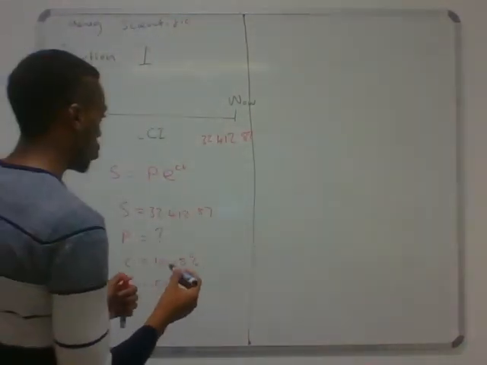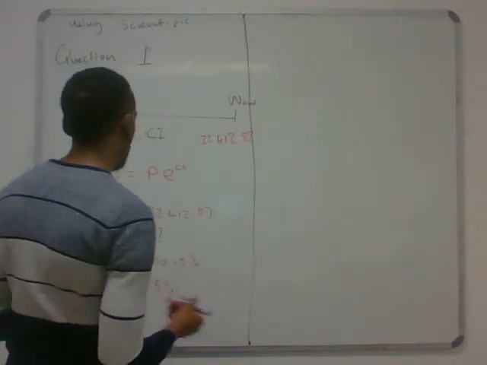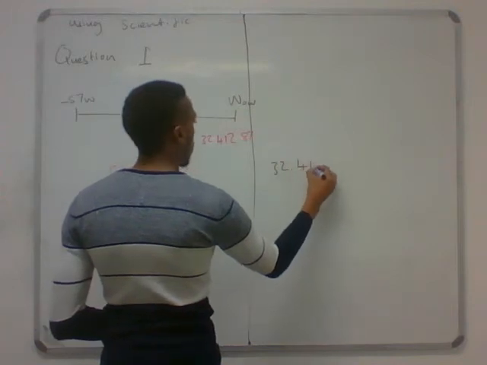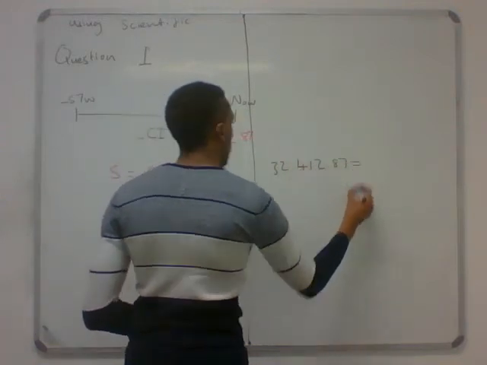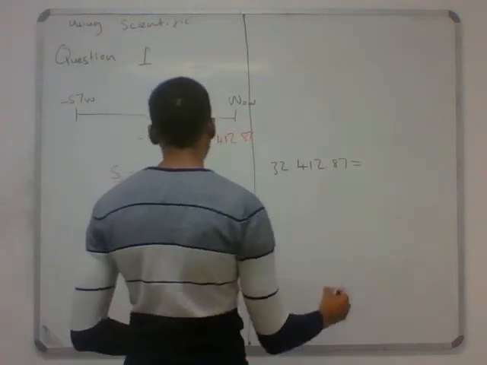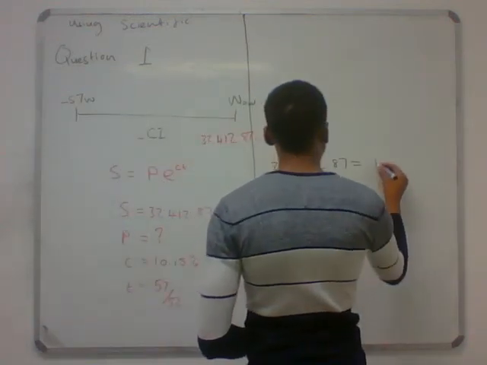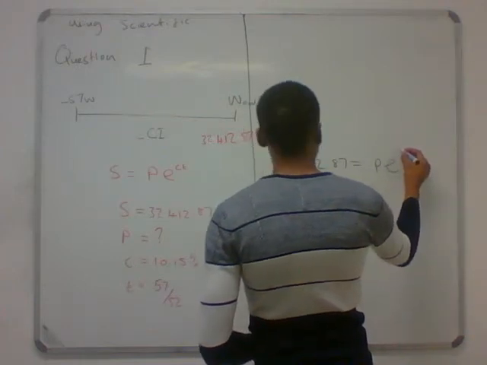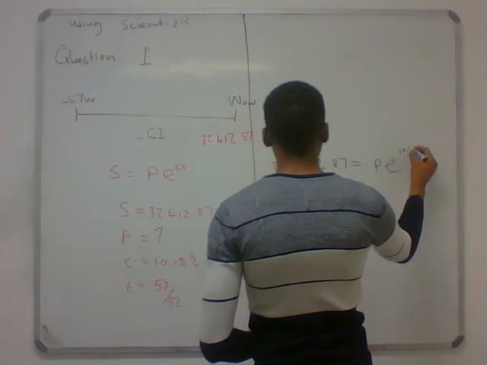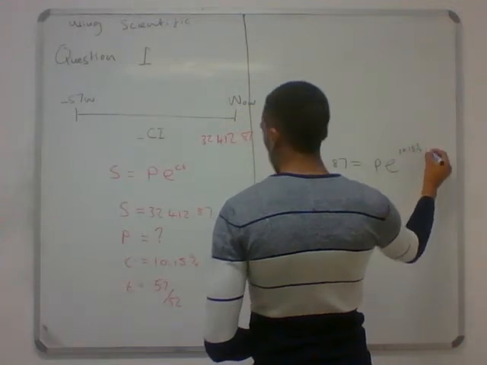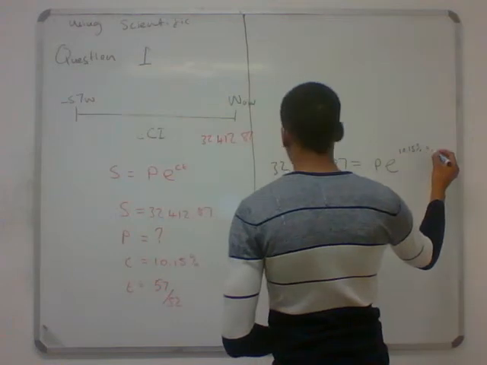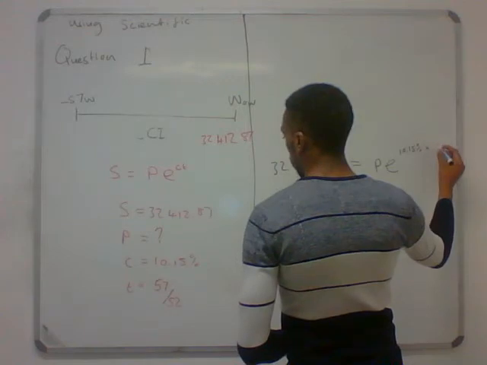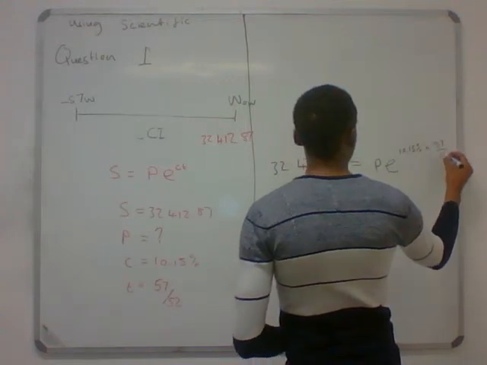From there we are going to use our equation: 32,412.87 is equal to P, which we don't know, times e to the power of 10.15% times 57 over 12.